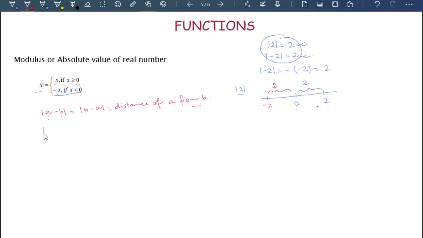Now, can you answer the question modulus of x minus 2 is equal to 5? This is an equation involving modulus.